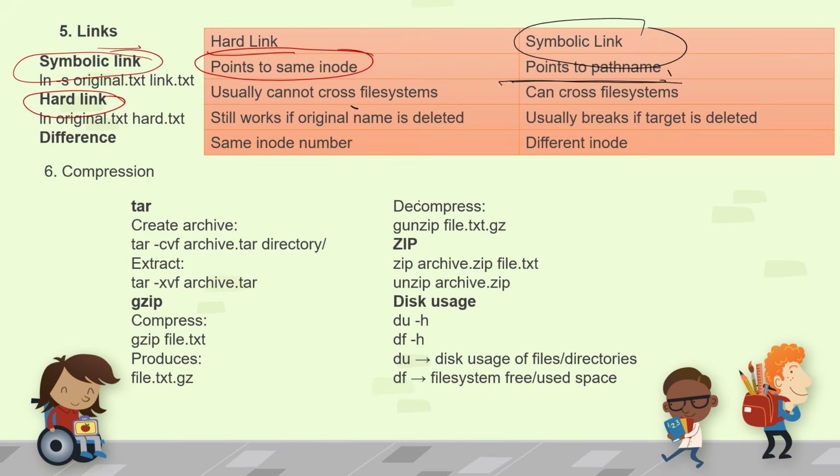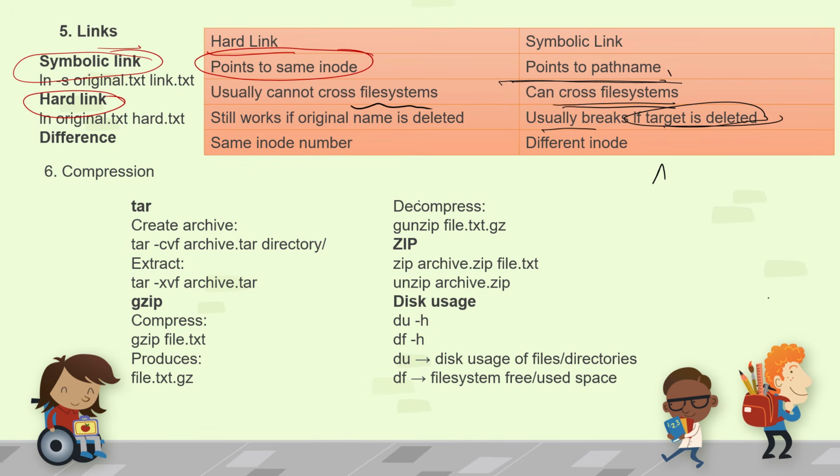A hard link usually cannot cross file systems, but a symbolic link can. Then a hard link still works if the original name is deleted. But in case of a symbolic link, usually it breaks if the target is deleted.